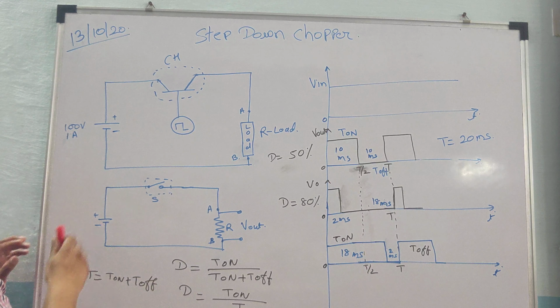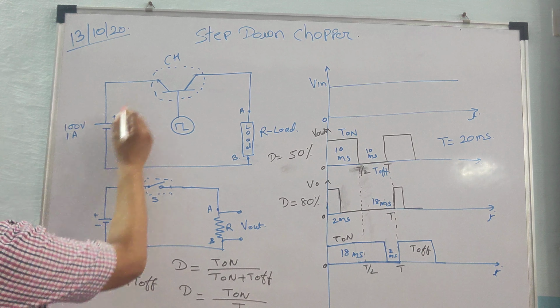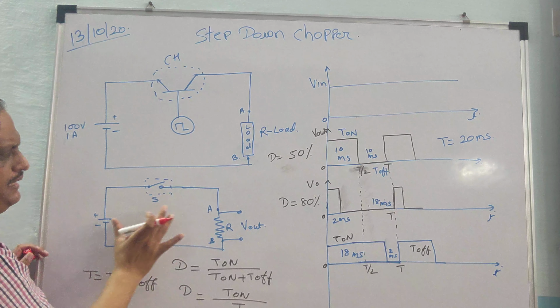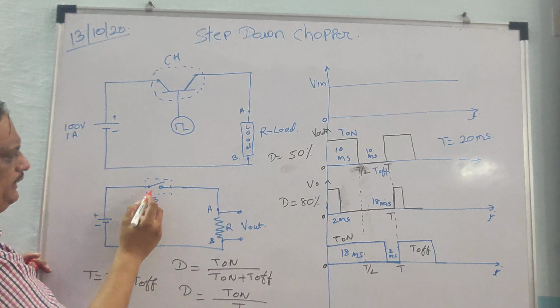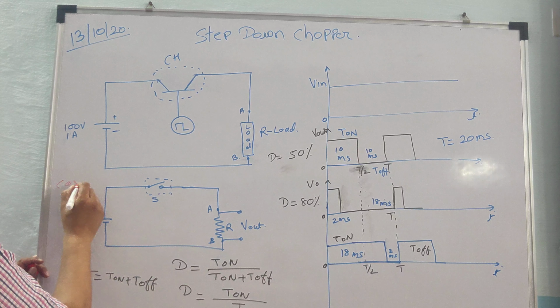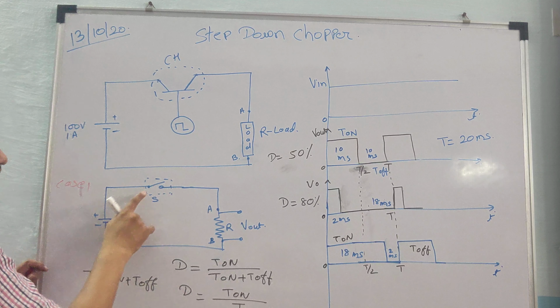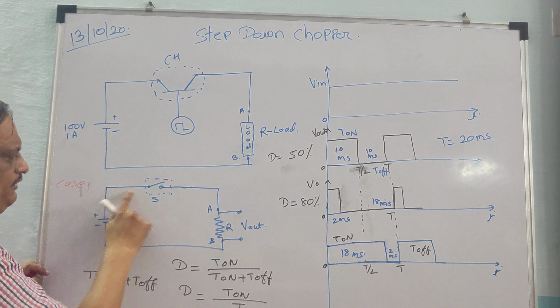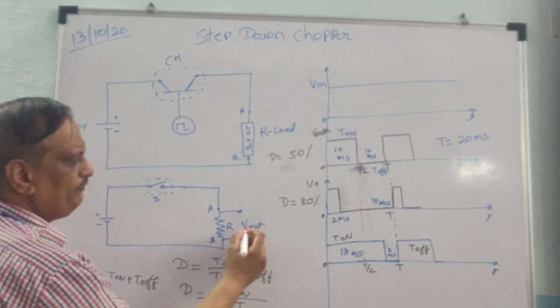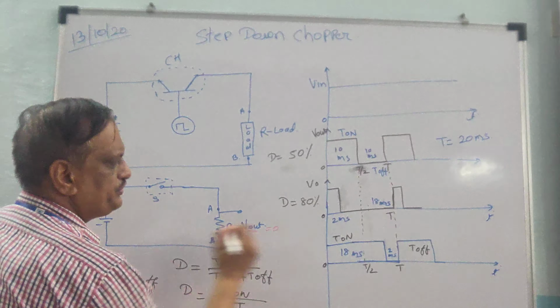So see here, we can understand how the chopper works with the help of this simple equivalent circuit. Let us have the first case, that is case 1. In the first case, when the switch is open, the current will not circulate inside the circuit. Because of that, V out is equal to 0.